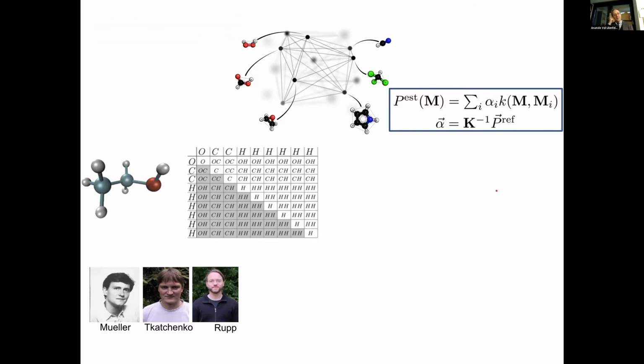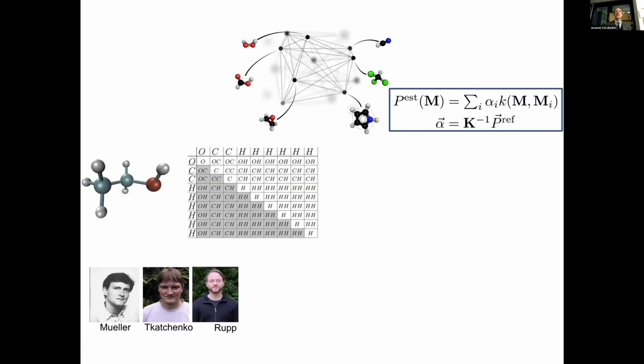At this program, there was my long-term collaborator, Alexandre Tkatchenko, who is now a professor in Luxembourg, Klaus-Robert Müller, who is the chair of machine learning at TU Berlin, and his postdoc Matthias Rupp. And we asked this question: can we use machine learning to infer quantum solutions throughout chemical compound space?